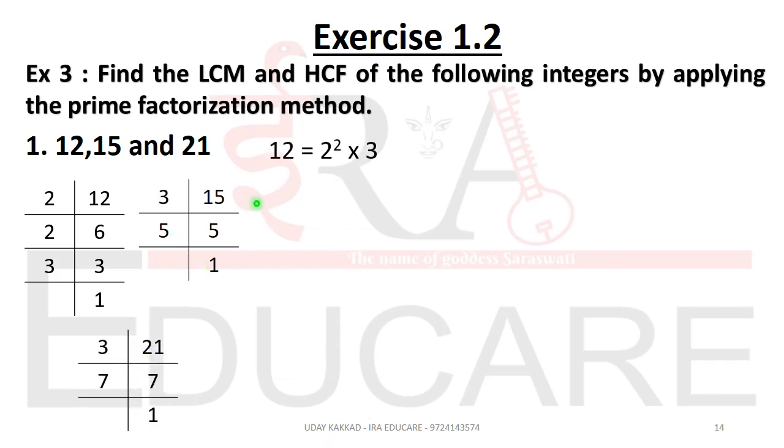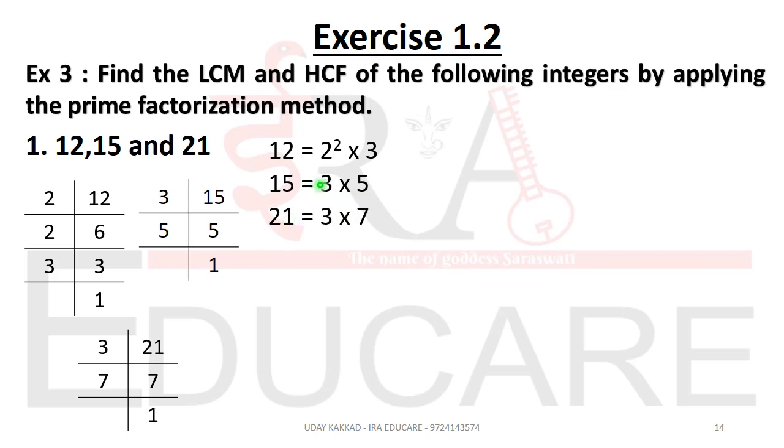So I can write 12 as 2 raised to 2 multiplied by 3, because here the number of 2s is 2, so 2 raised to the power 2 multiplied by 3. Then 15 is 3 times 5, and 21 is 3 times 7. Now here we have to find the HCF.